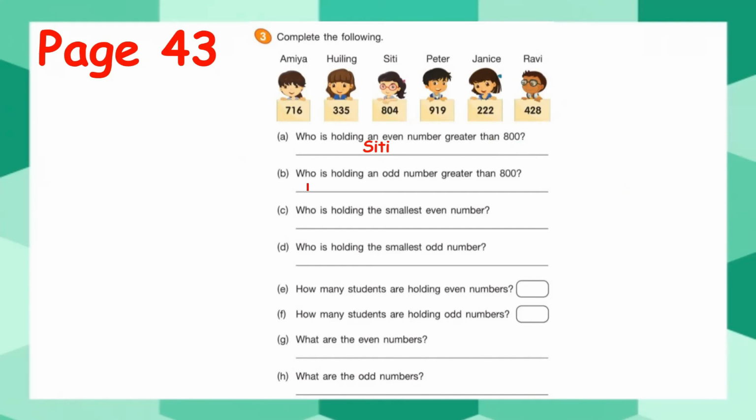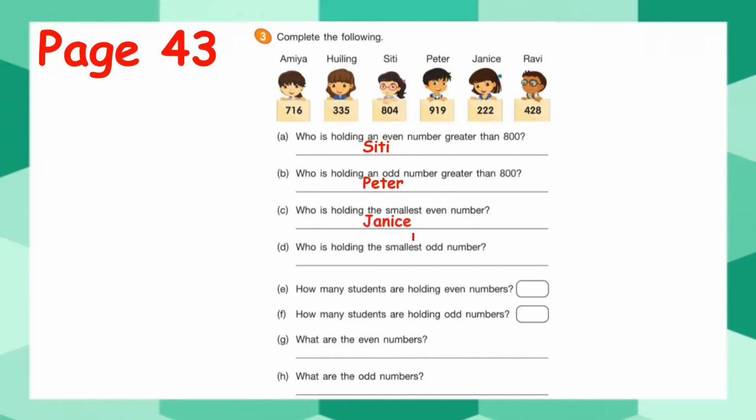Letter B. Who is holding an odd number greater than 800? Okay, this is an odd number greater than 800. It is Peter. He is Peter. That is an odd number greater than 800. Letter C. Who is holding the smallest even number?